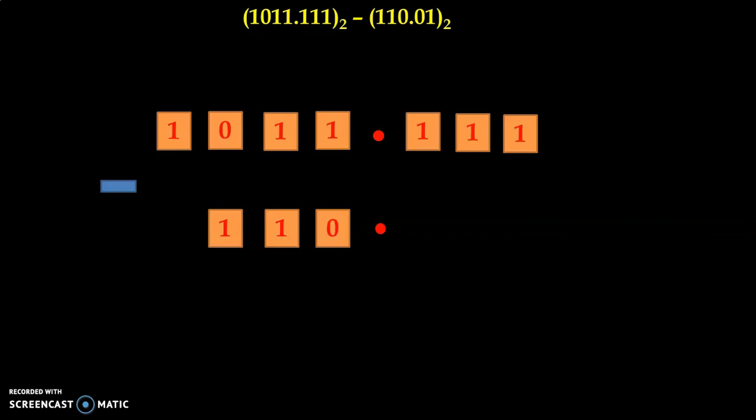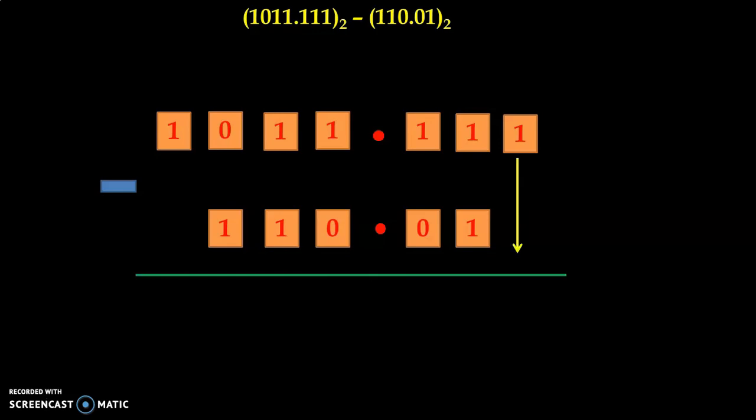So we have to match these fractional points, as well as match the values from the least significant side. And in the fractional part also we have 3 bits in the first value, and in the second we have only 2. So we have to match at the fractional point. This way we have to write when we have an unequal number of bits in mixed values also.